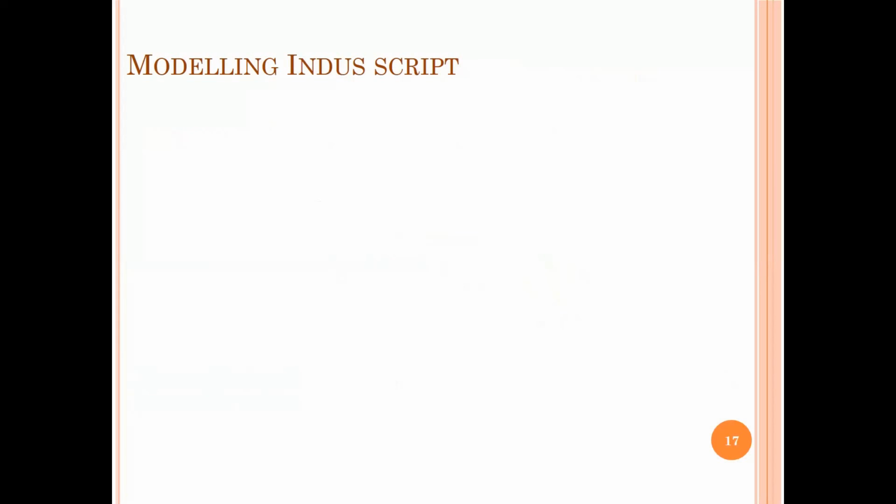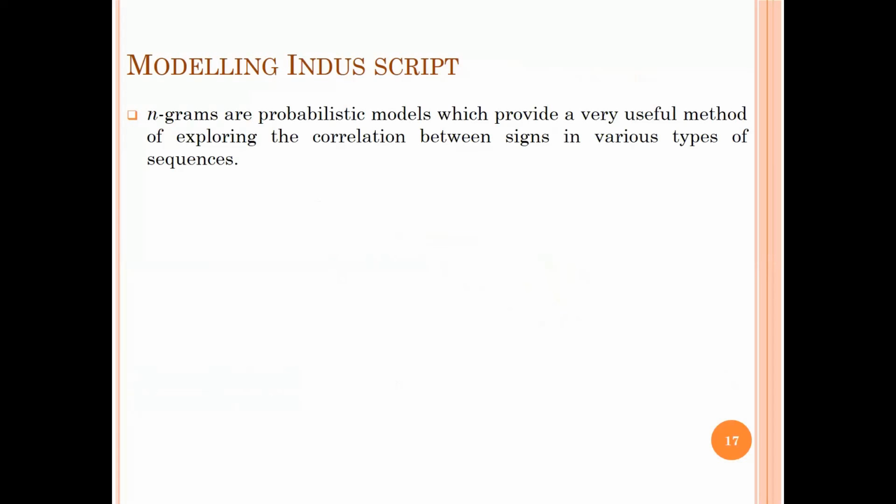Now, what are these n-grams? n-grams are probabilistic models which are generally used to model various types of sequences, and which provide a very useful method of exploring the correlation of signs in the sequences. So for example, in computational linguistics, they can be used to analyze the structure of a sentence, or the structure of a word, because a word is just a string of characters, and a sentence is a string of words.